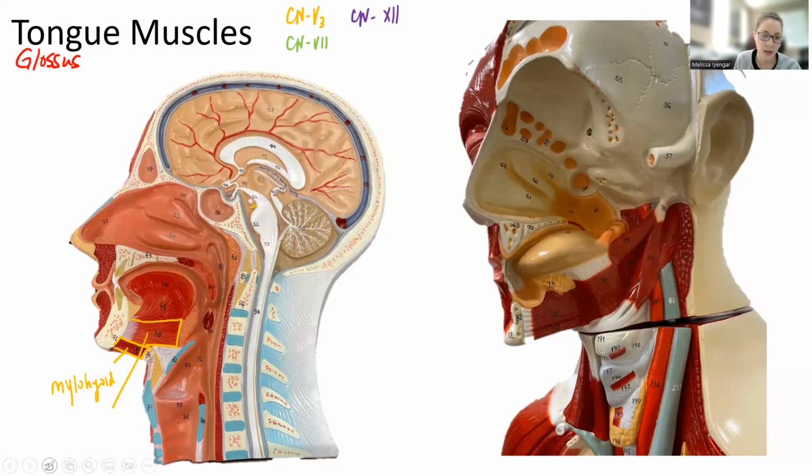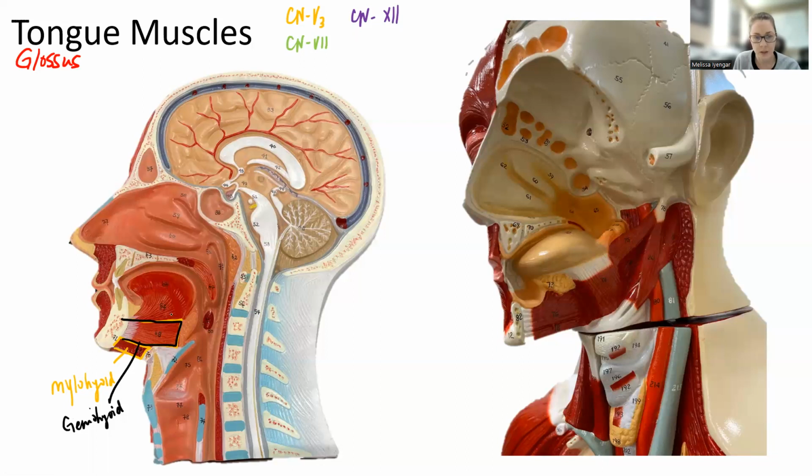And geniohyoid's innervation is one of those things that you didn't have to know. I believe geniohyoid's innervation, if I recall correctly from our lecture, was the ansa cervicalis. It's part of the cervical plexus, but I'd have to go back and double check.